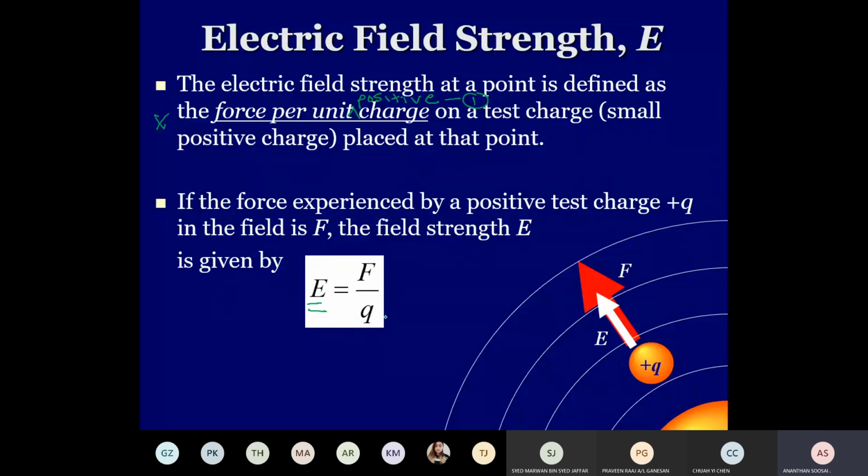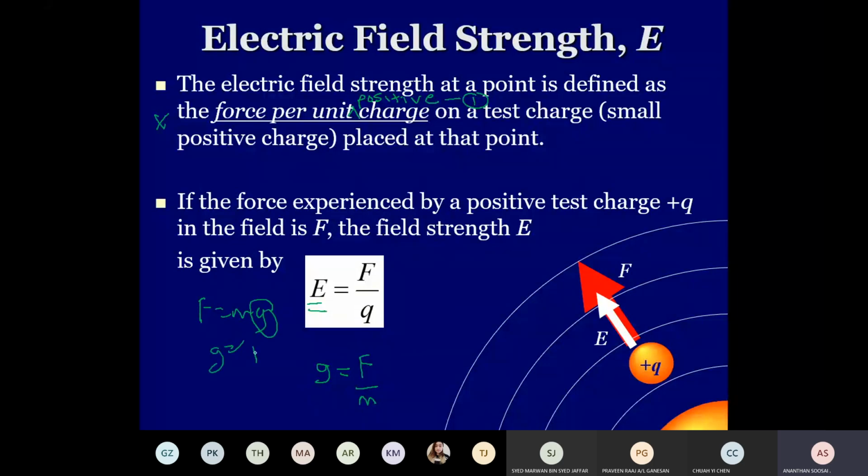We say positive charge. It's called field strength. Same thing with gravity, gravitational field strength. Gravity is force per unit mass. I don't know whether you realize or not. F equals mg. Your g is your gravitational field strength.